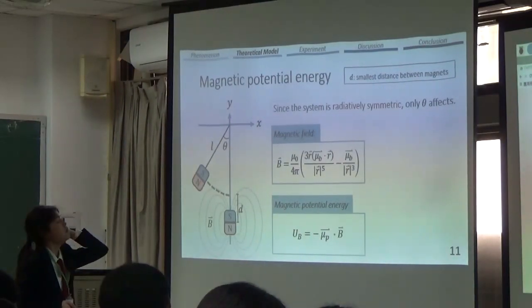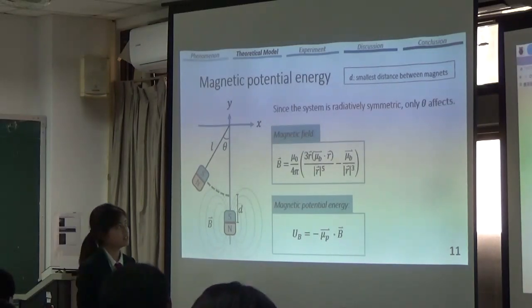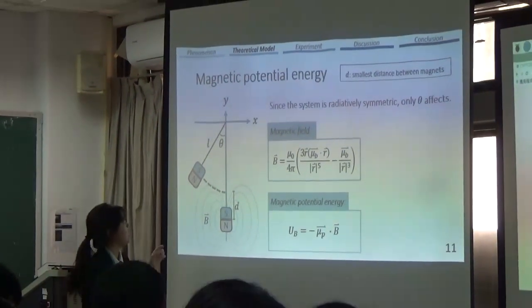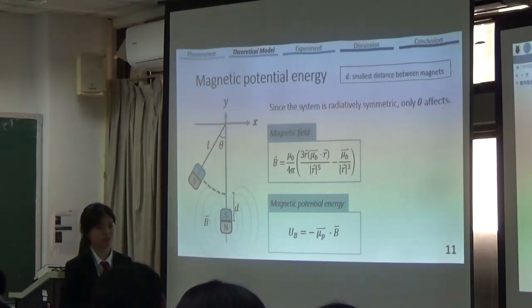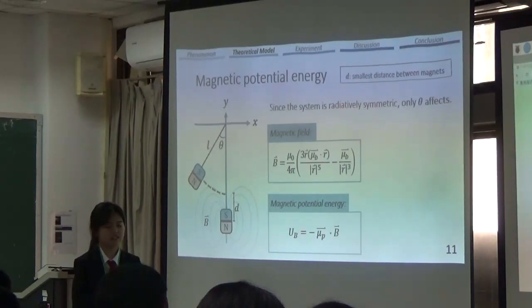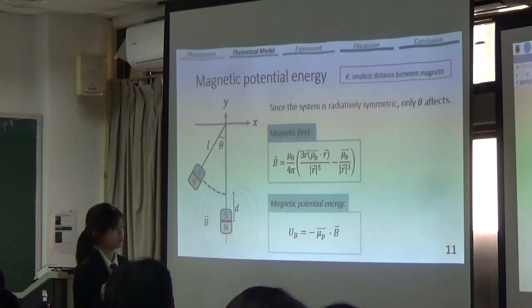Then is the calculation of the magnetic potential energy. Since the system is radially symmetric, only theta affects the phenomenon, so we don't need to consider other degrees.